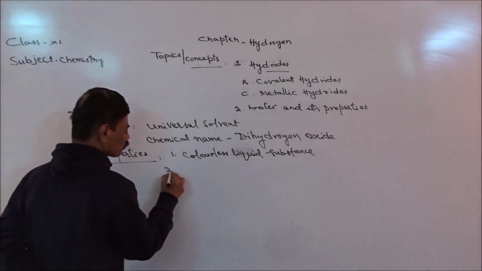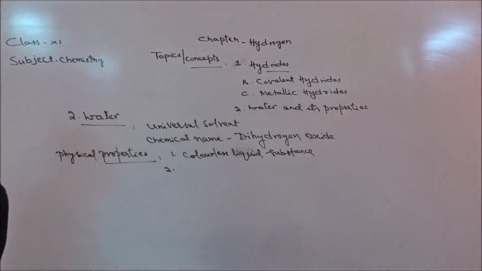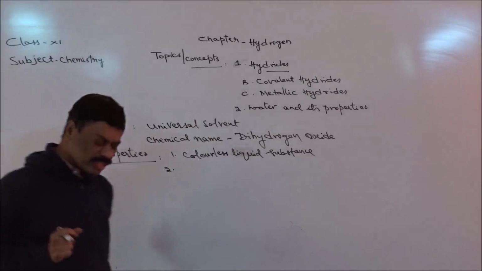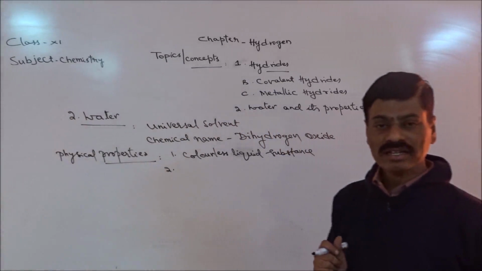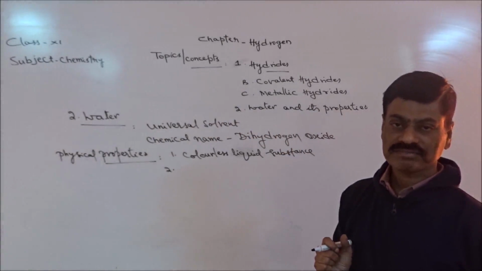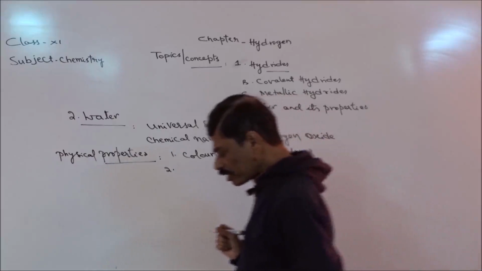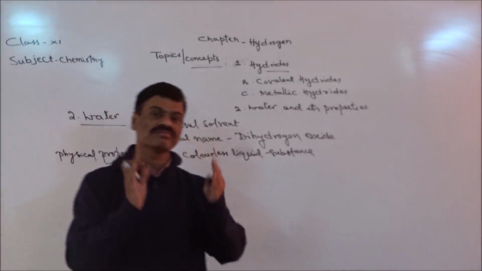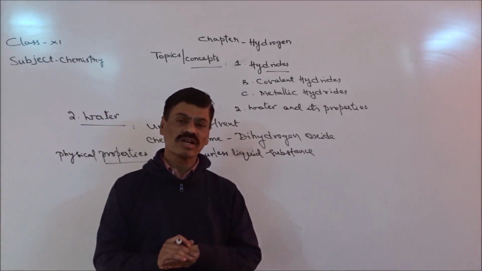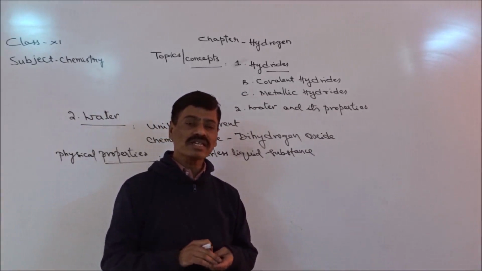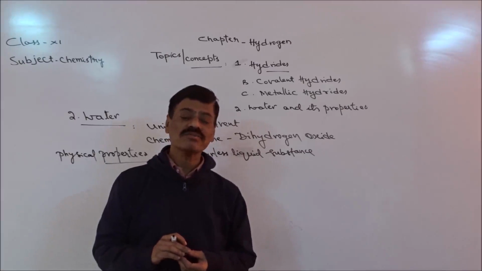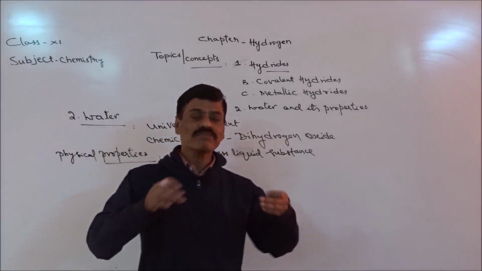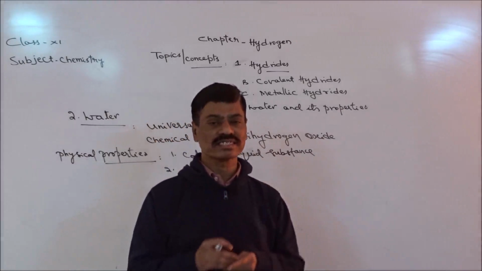Number 2, it dissolves many substances in it by forming hydrogen bonds. At the same time, if you take water alone, it has uncountable H2O molecules, and all these molecules are joined to each other by means of hydrogen bonds. This joining process is called association.